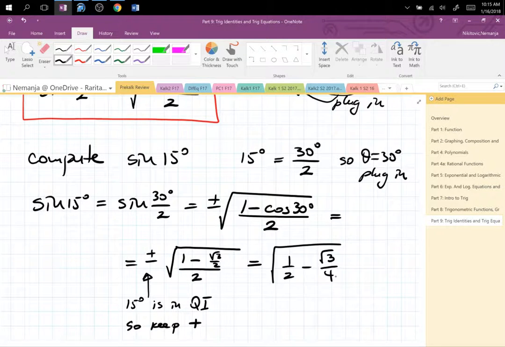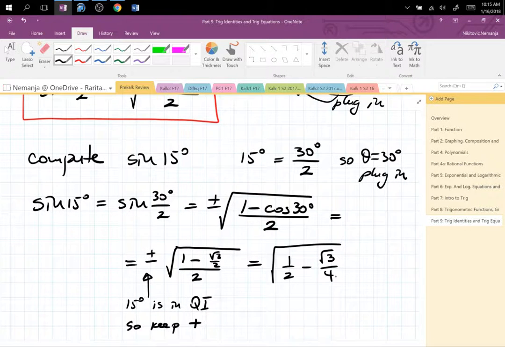Now, as I said, 22.5 is okay because that's half of 45. You can calculate sine of 30 degrees, which you know is half, by working out sine of 60 degrees divided by 2 and using the cosine of 60 there, right?